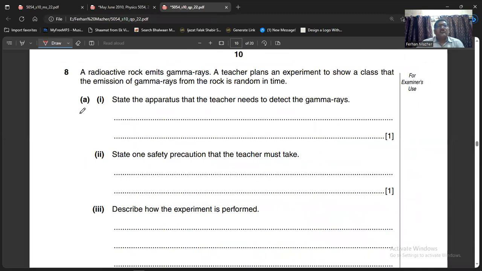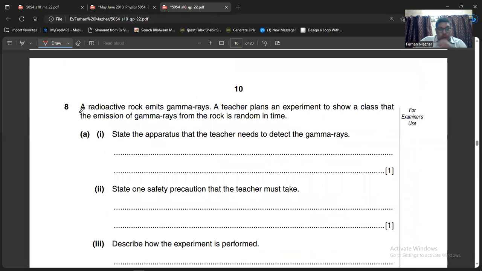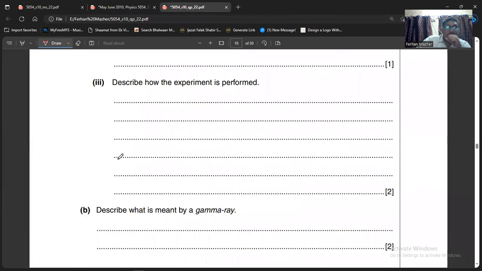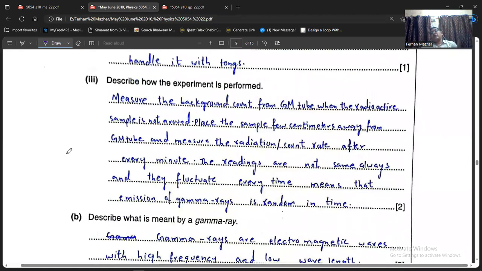Then he says, describe how the experiment is performed. It's a 2 marks question. So we have to describe how the experiment is performed. He has to show that the emission of the gamma rays is random.